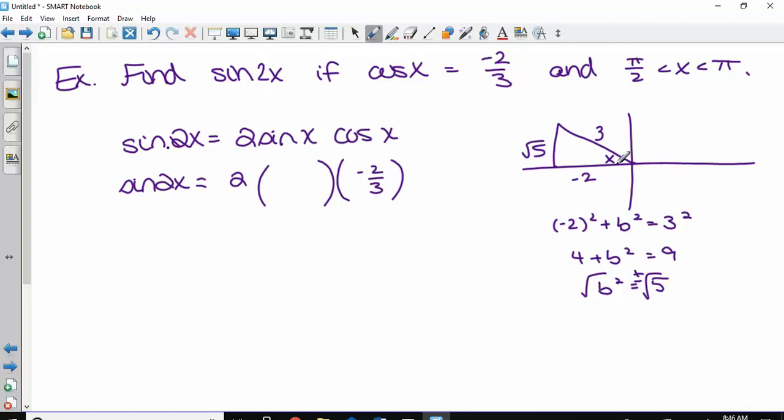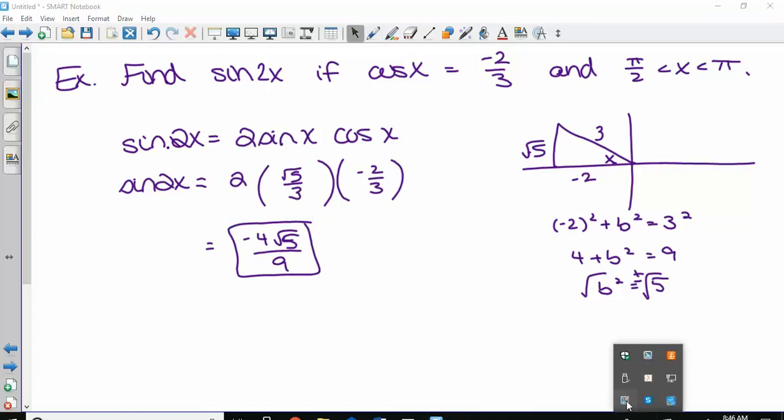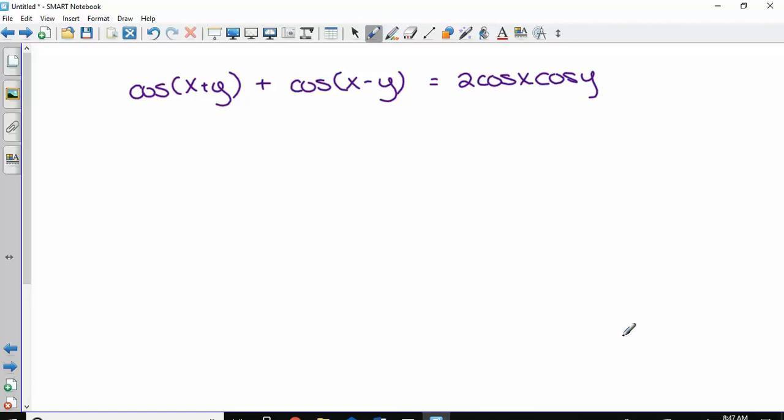Positive, because you're going up. So sine, opposite over hypotenuse, is radical 5 over 8. So 2 times radical 5 times negative 2 is negative 4 radical 5 over 9. Okay.